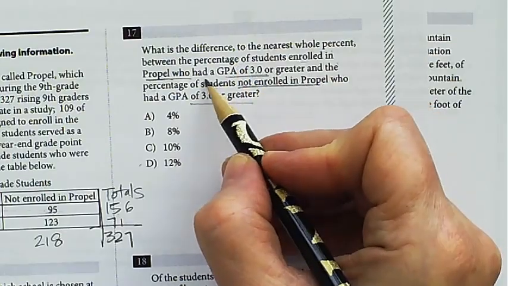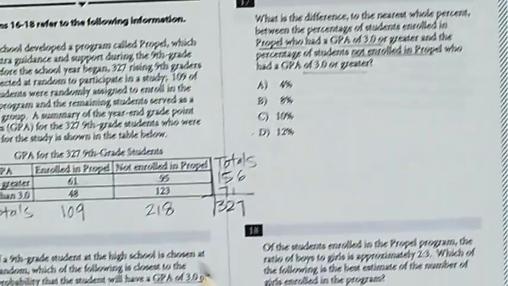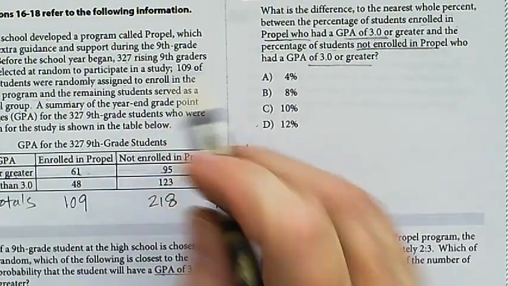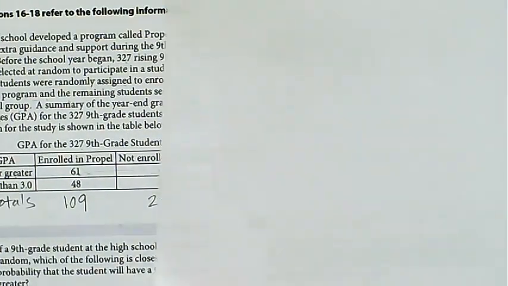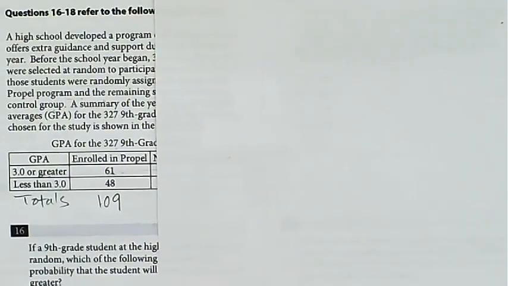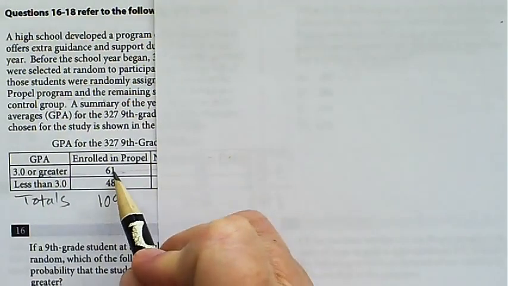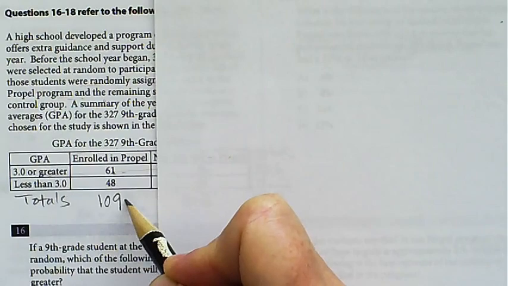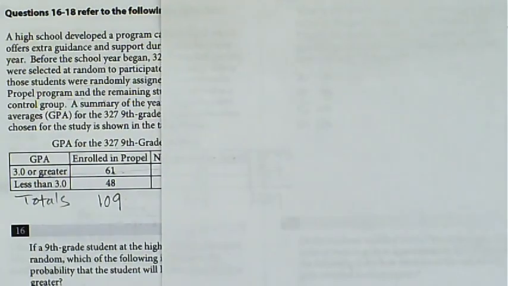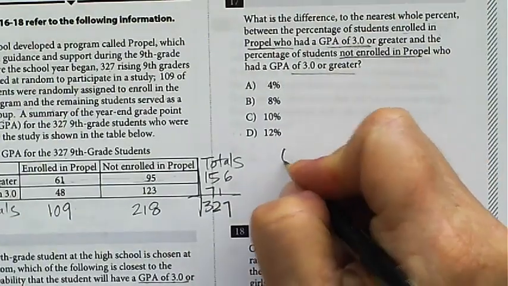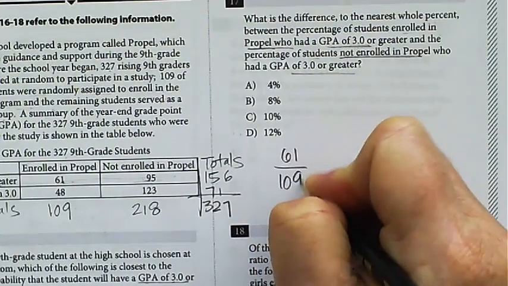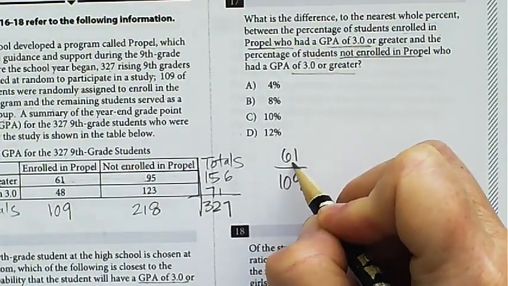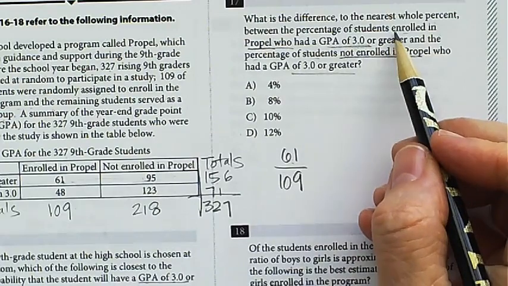The percentage of students enrolled in the program who had 3 or greater. So I'm only looking at this column right here. 61 students in Propel out of 109 students had a GPA of 3 or greater. So let's see, 61 out of 109. These are the kids in the program.